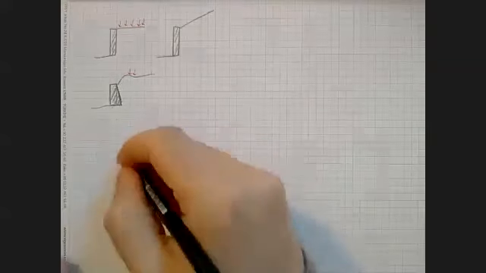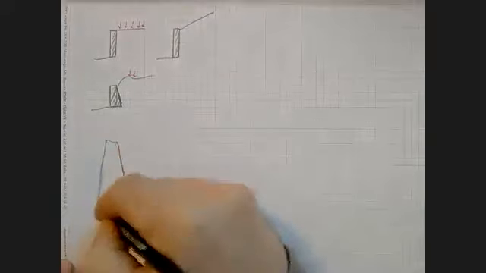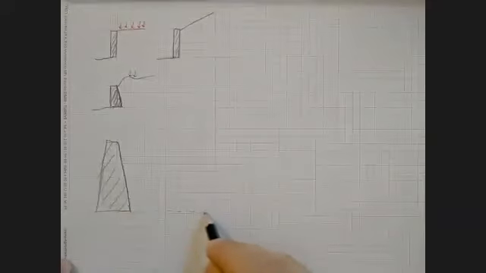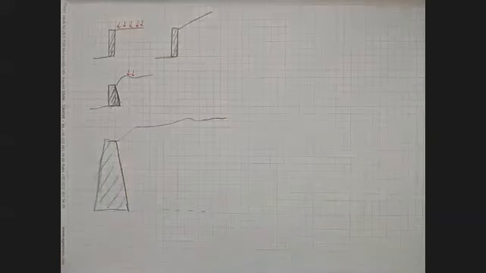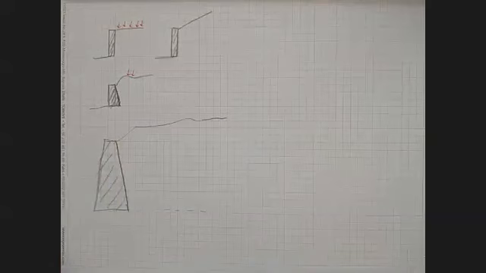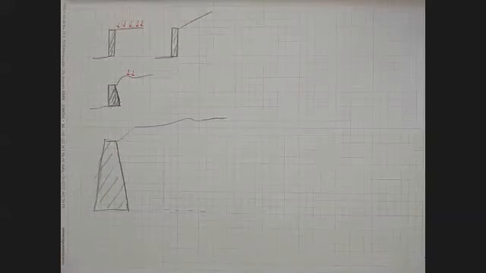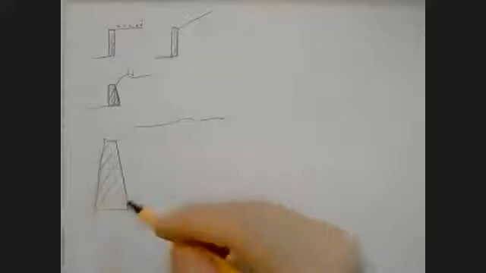For example, if you have some sort of retaining wall like this, and let's say you have some ground, what Coulomb observed was the failures in the soil behind such a wall in the active case.